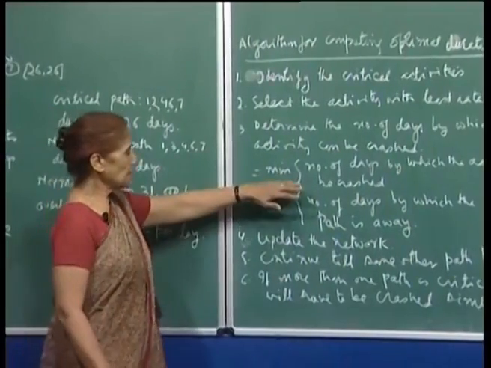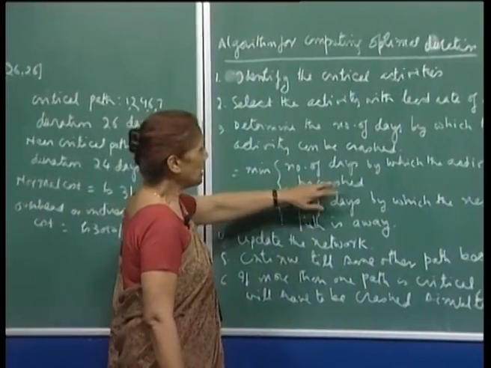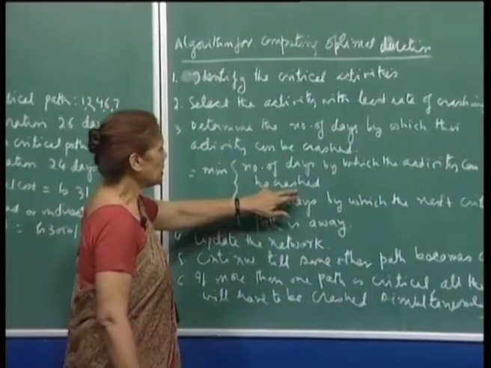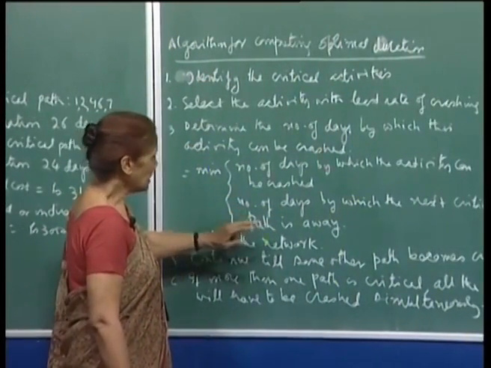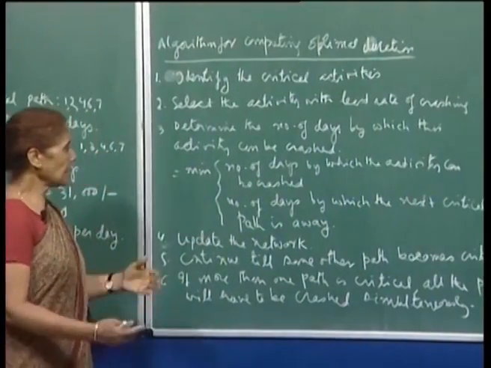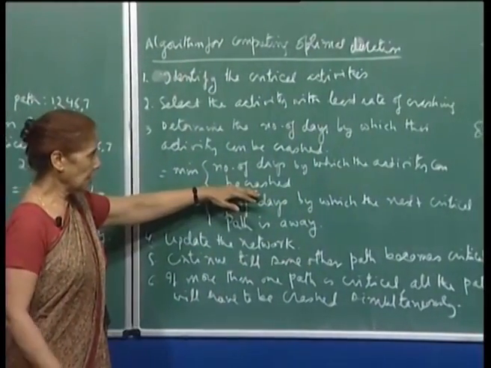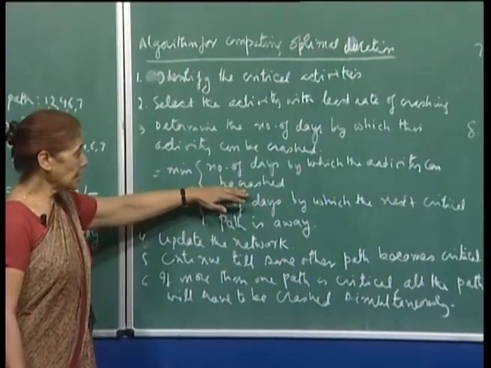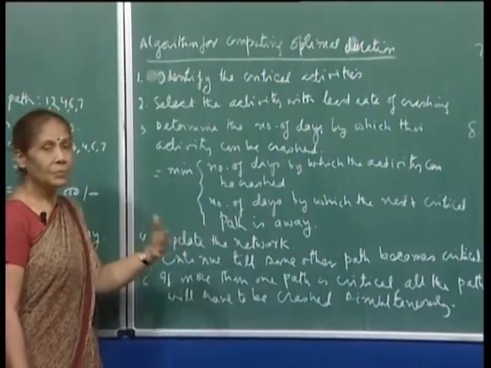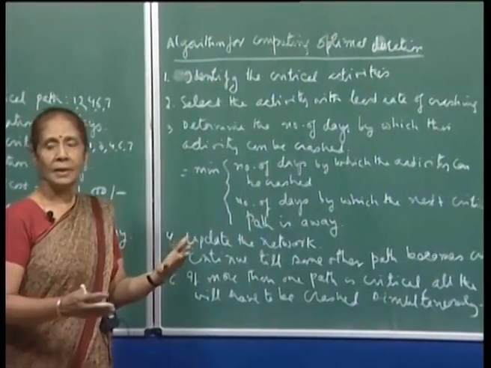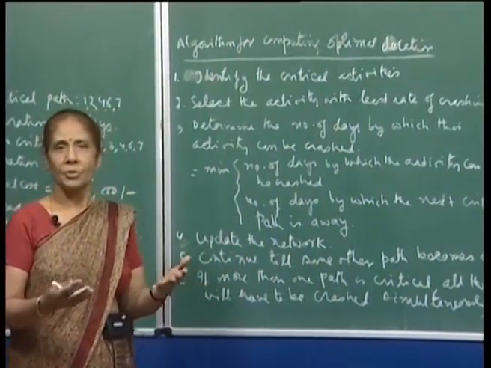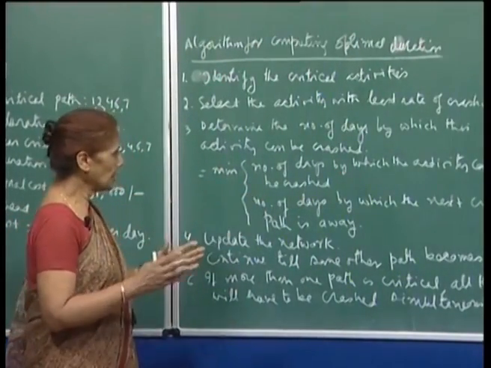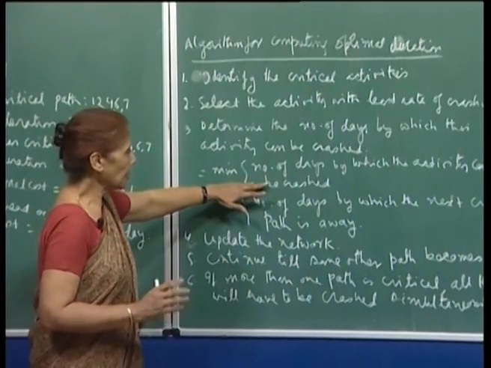This will have to be the number of days by which the particular activity I have selected can be crashed, and the number of days by which the next critical path is away. Because if I crash this activity by however many days I can, but in the meantime some other longer path becomes critical, then it does not help me reduce the project duration. The idea here is that I should be able to reduce the project duration by crashing a particular activity.